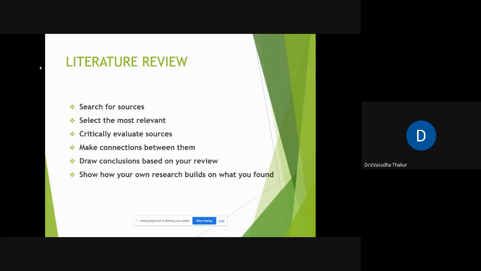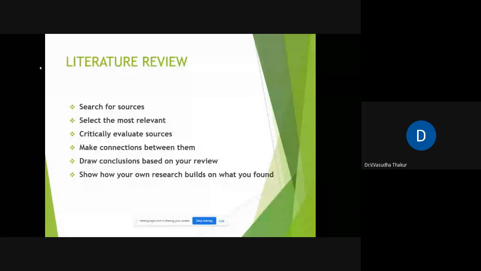Collect them all and start writing the reviews. Decide whether you are writing a general review or a systematic review. You have to be clear on that before you start writing your review. You are going to present all your reviews in connecting order. There should be connectivity between the reviews from one to another.